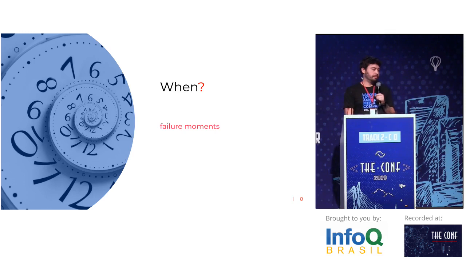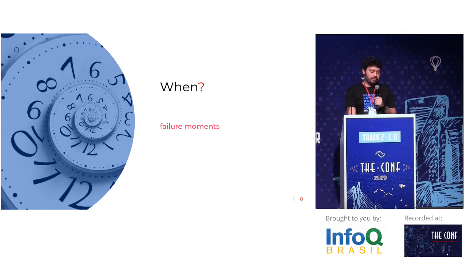So if I'm trying to call an external service and don't receive an answer, maybe I am facing a momentary failure. But I decided to divide this part into 3 different moments.